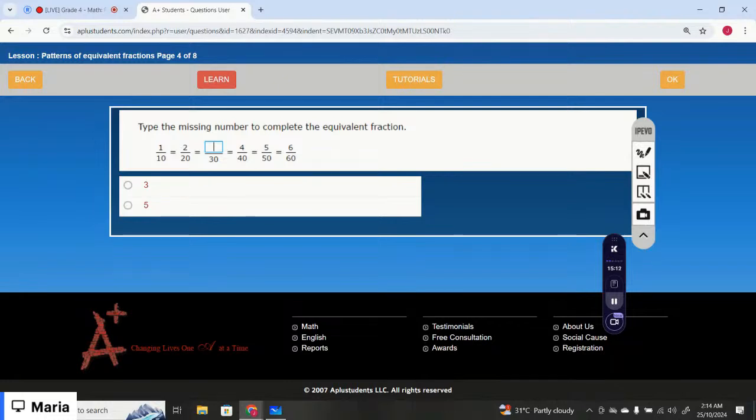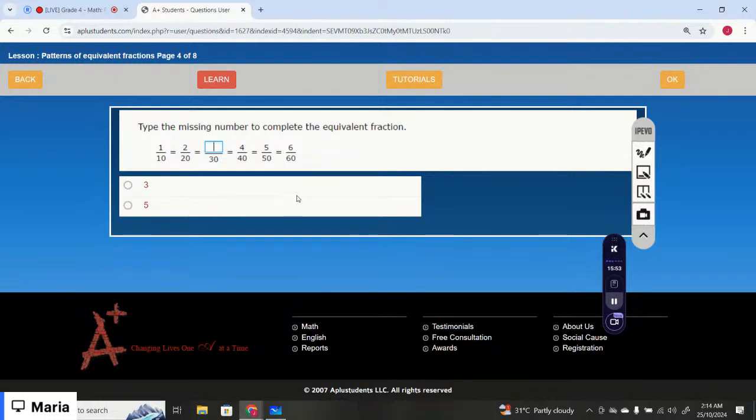The next one is type the missing number to complete the equivalent fraction. So, which number is missing? 1 times 10 times 3 is 30.